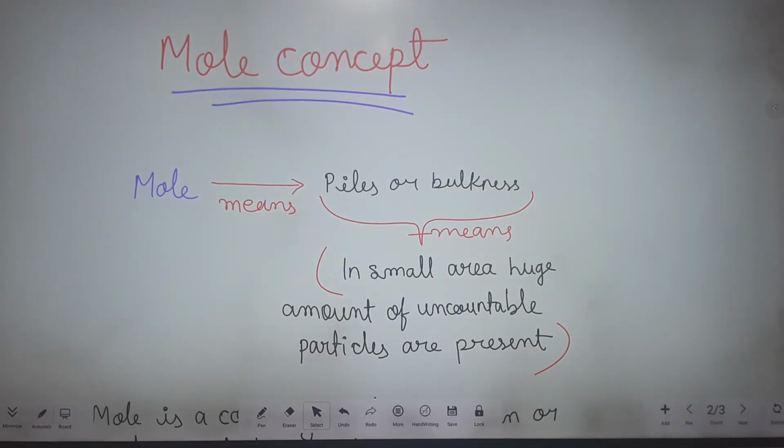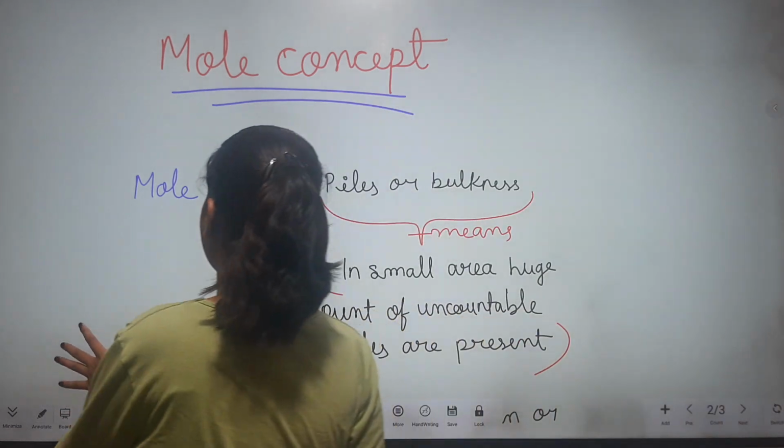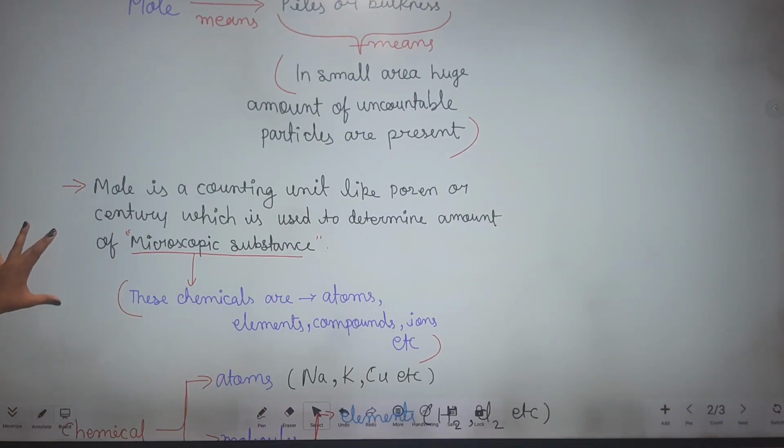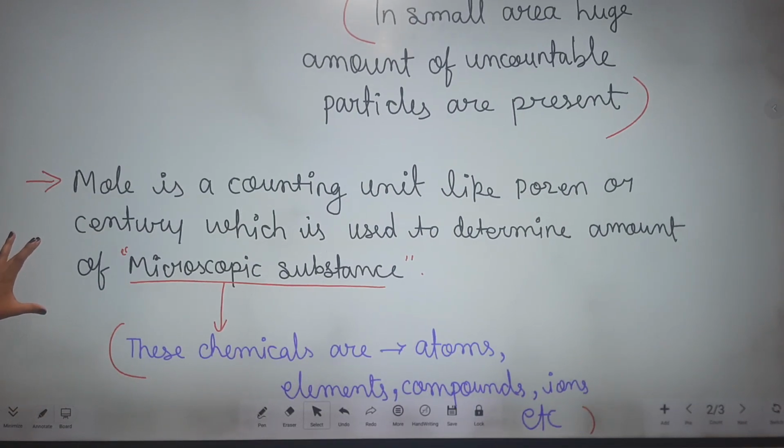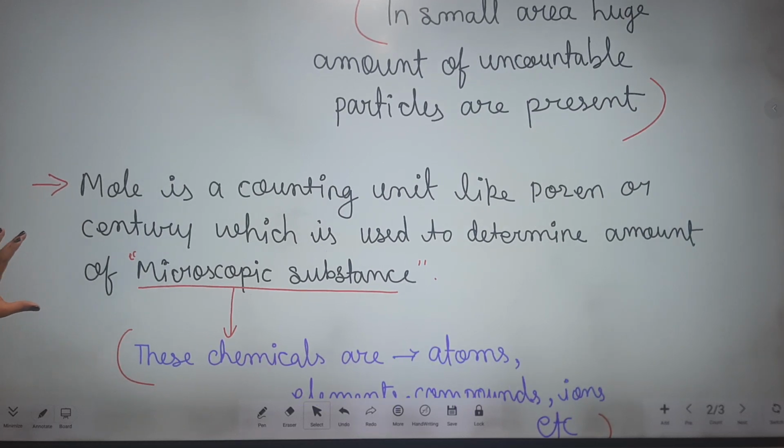After that we discussed the definition of the mole: mole is a counting unit which is used to determine the amount of microscopic substance like atoms, elements, compounds, ions.